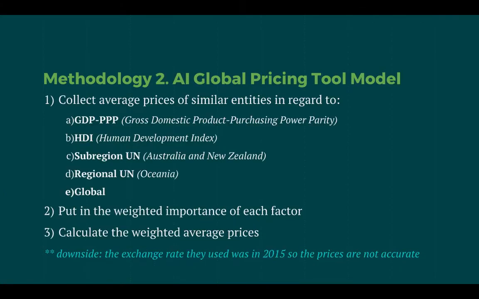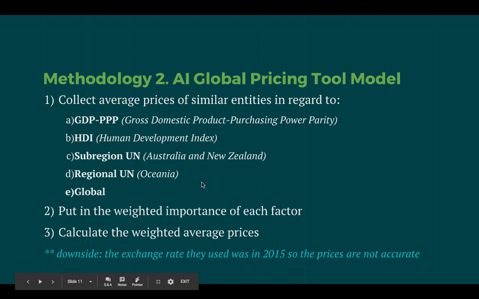The second method was the ISO International Global Pricing Tool. This pricing tool is a huge database. It has data from 127 countries. It put the data from each country and transit into euros. So they collect the average prices of similar entities in regard to all these 5 factors.